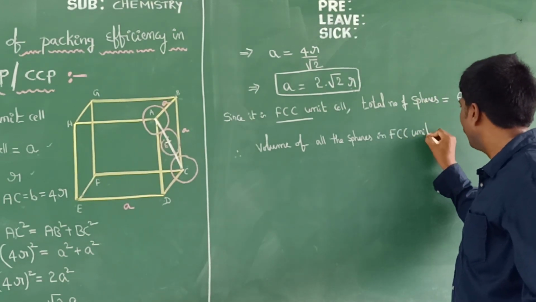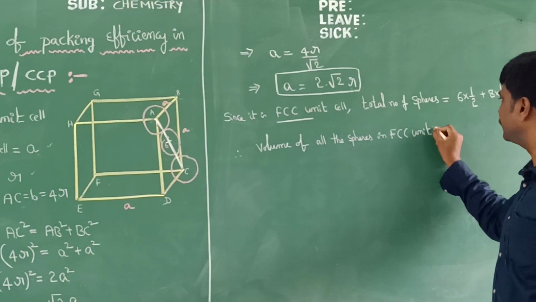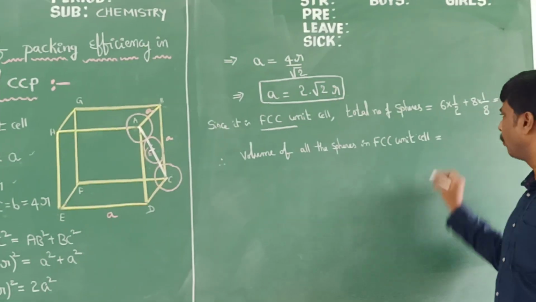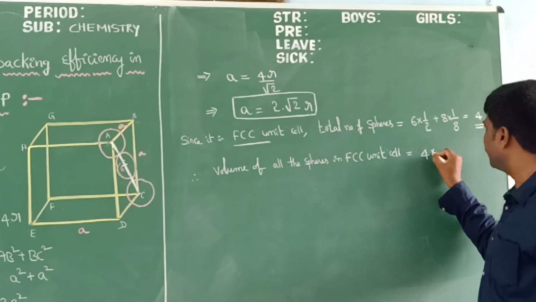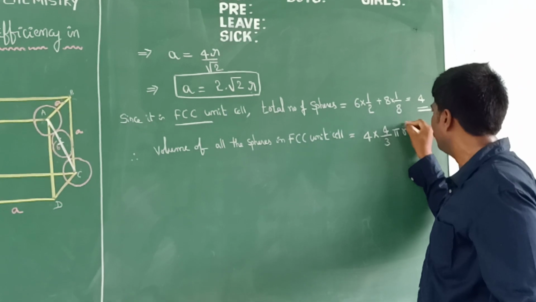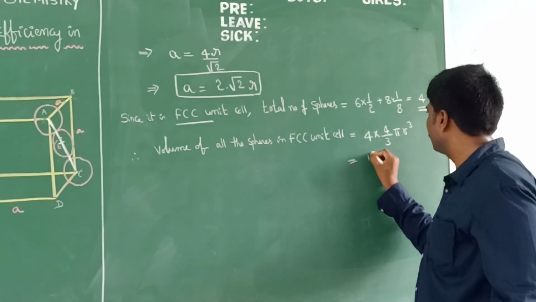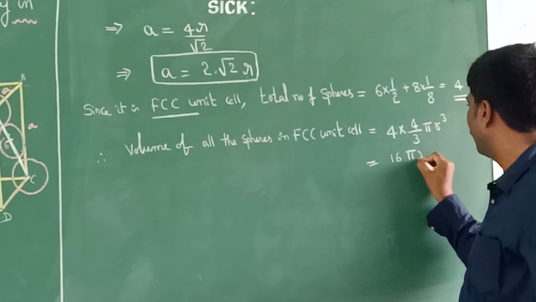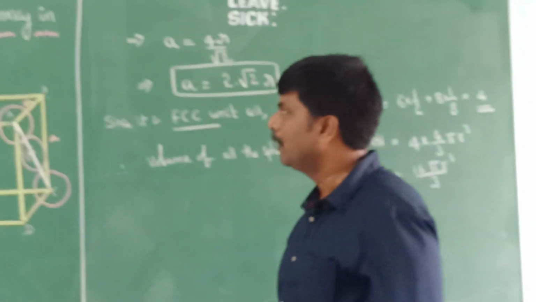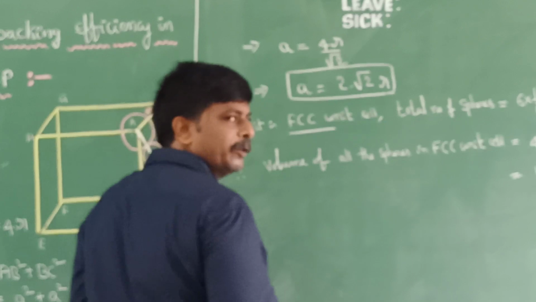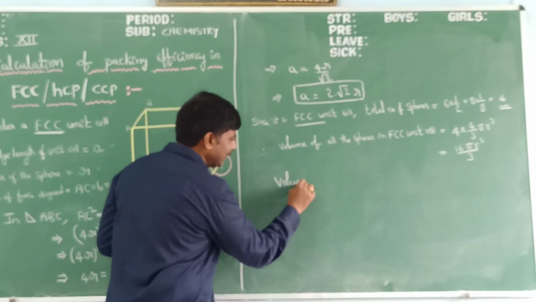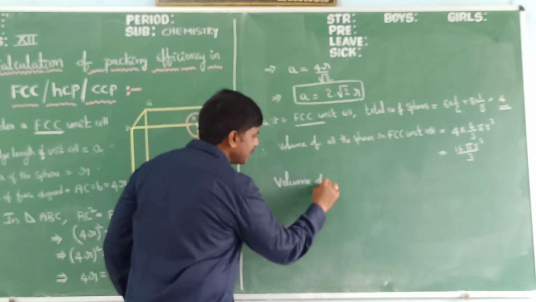How many spheres are there? 4 into, for each sphere the volume is 4 by 3 pi r cube. 4 into 4 by 3 pi r cube, that means 16 pi r cube by 3. So this is the volume of all these spheres in the unit cell. Next, one more point I want to calculate, that is the volume of the unit cell.